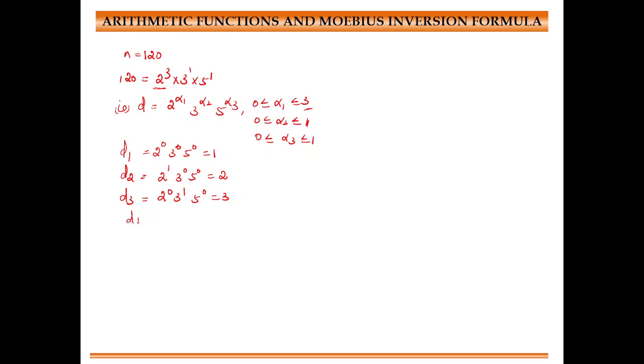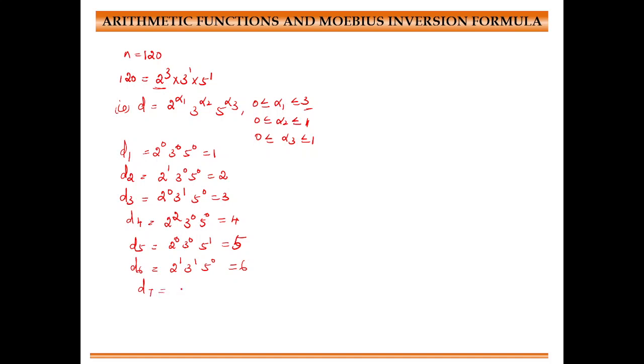D4 is equal to 2 square, 3 power 0, 5 power 0, which is equal to 4. D5 is equal to 2 power 0, 3 power 0, 5 to the power 1, which is equal to 5. D6 is equal to 2 power 1, 3 power 1, 5 power 0, which is equal to 6.